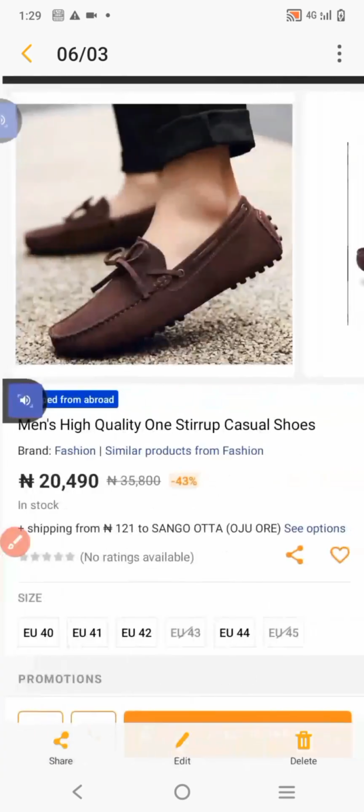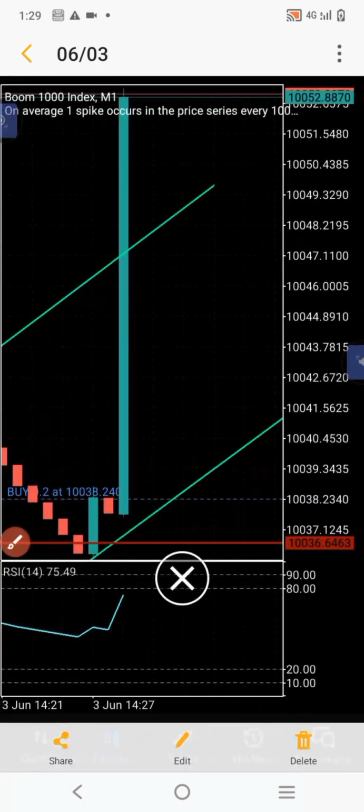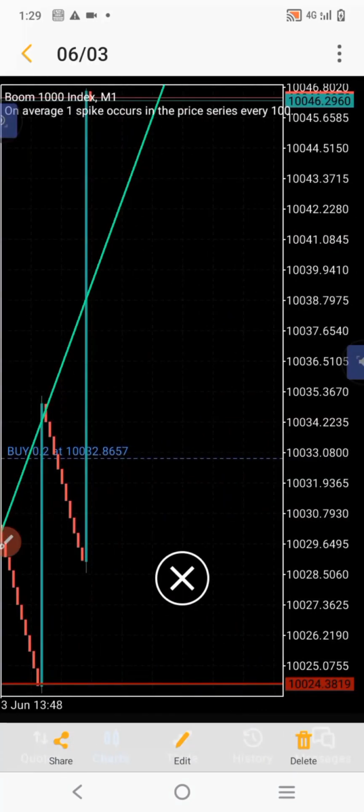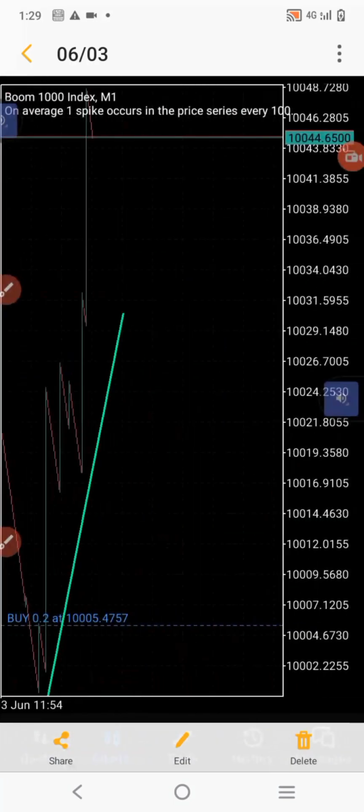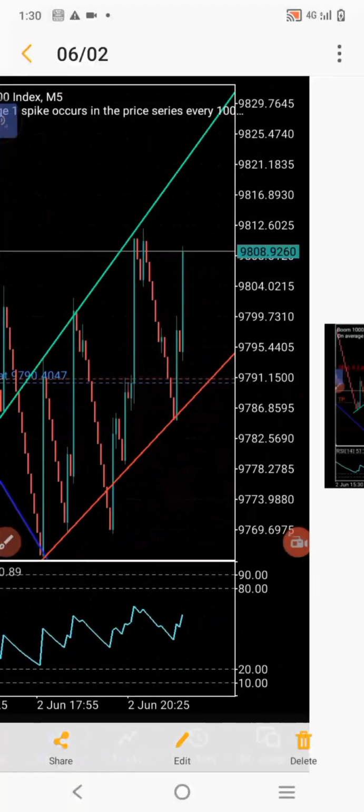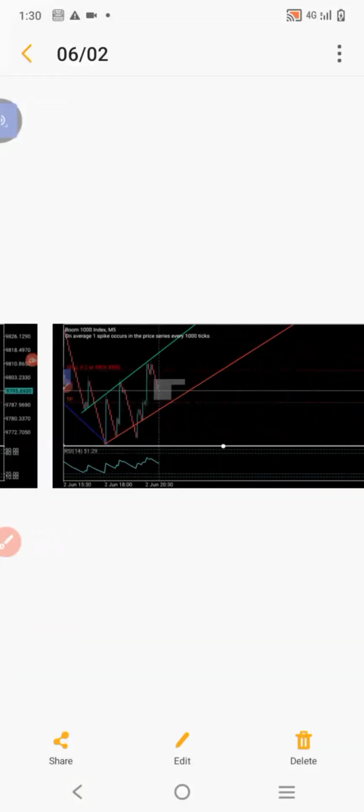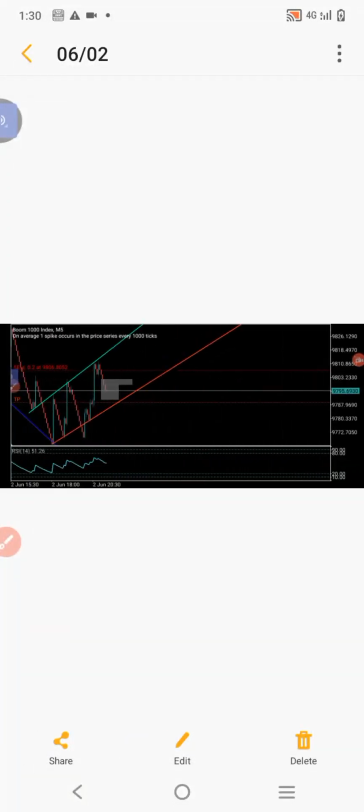Here, this was a spike, another spike, another spike. Have you seen this? Another spike. So guys, see when I traded against the spike.